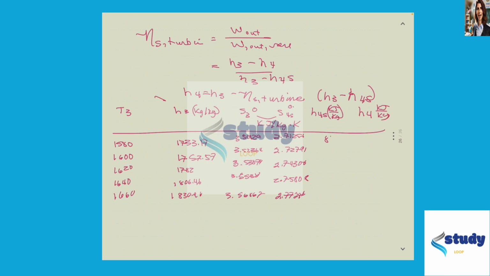Here you have 817.752, 927.602. Almost done with this part.